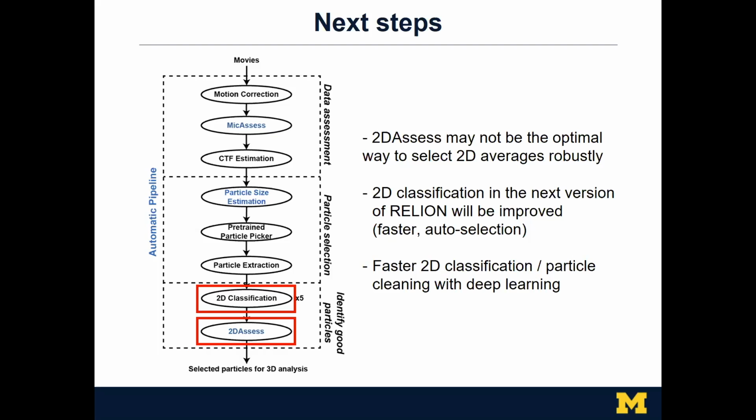But in the pipeline, 2D classification is still using most of the computation hours. So we're working on a new deep learning based algorithm for faster 2D classification, or just particle cleaning without even averaging the particles. And we're still working on that.